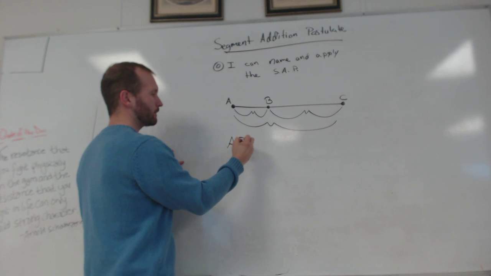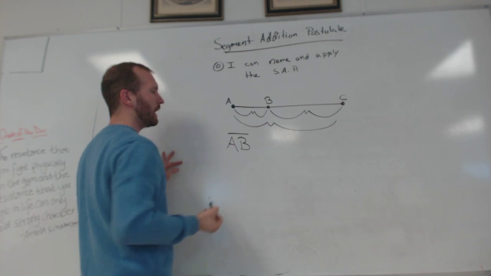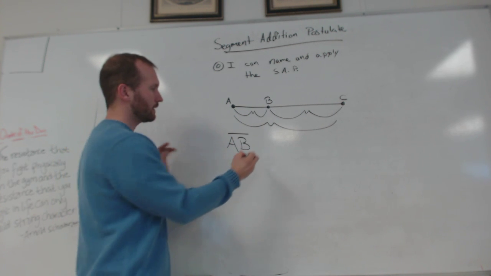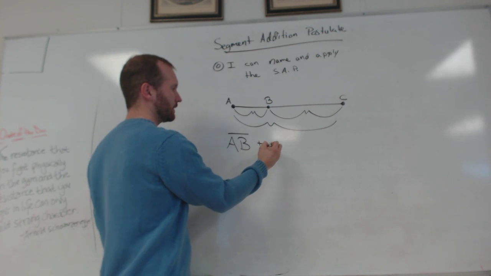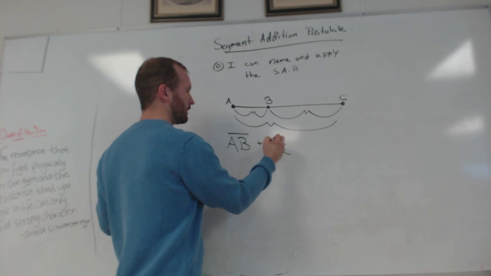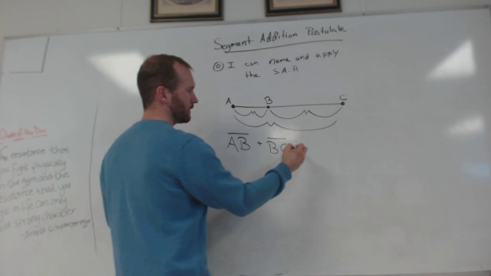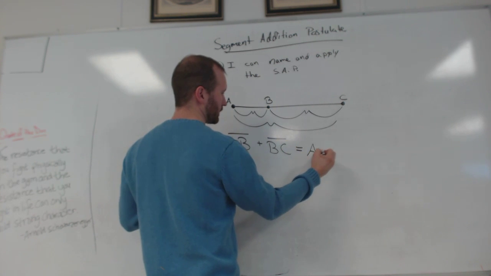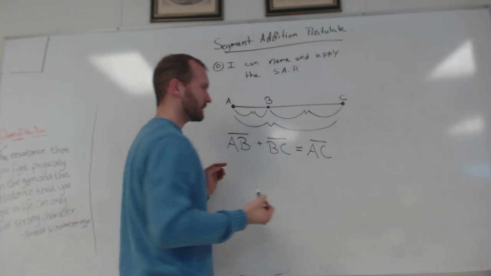So we would say line segment AB plus segment BC equals segment AC.